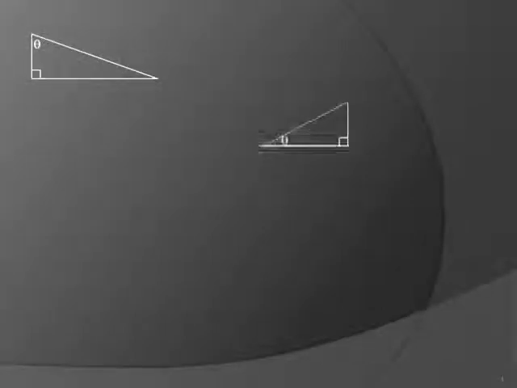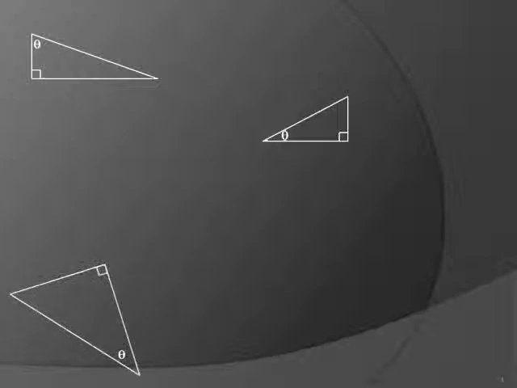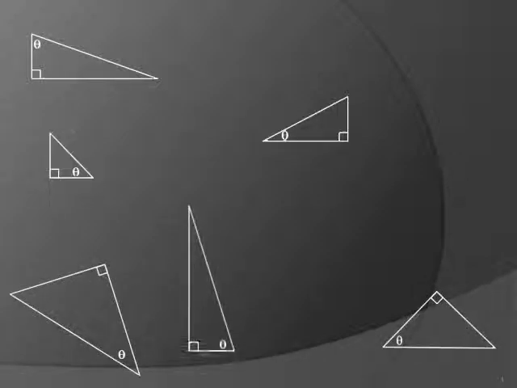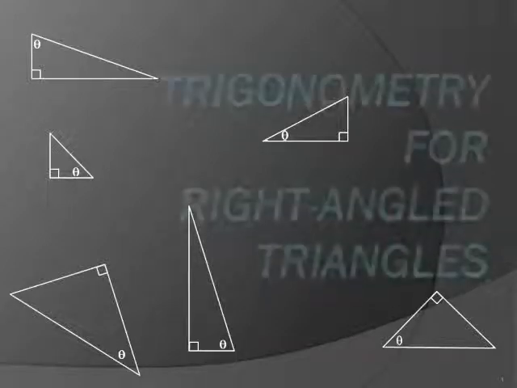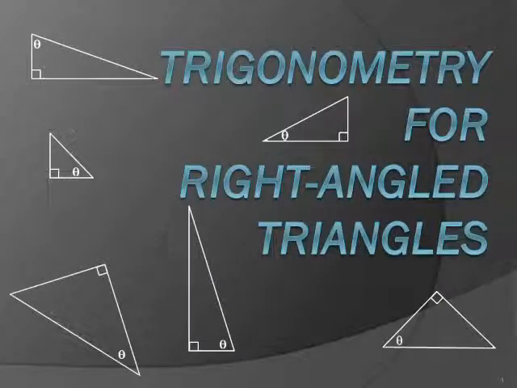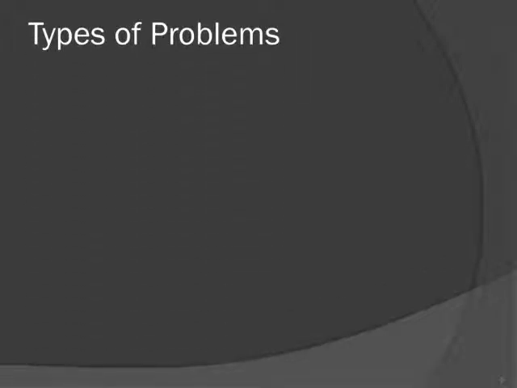Now we're going to be looking at right-angled trigonometry again, only this time we're going to be looking at the unknown angle. So, listing our types of problems, we're looking at an unknown angle.